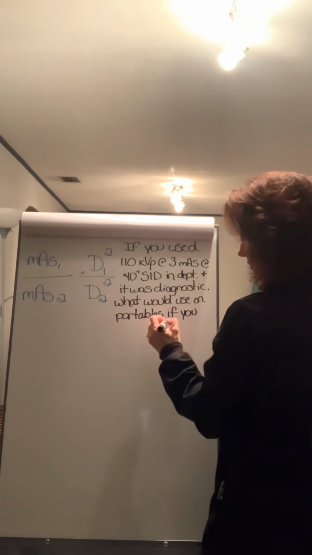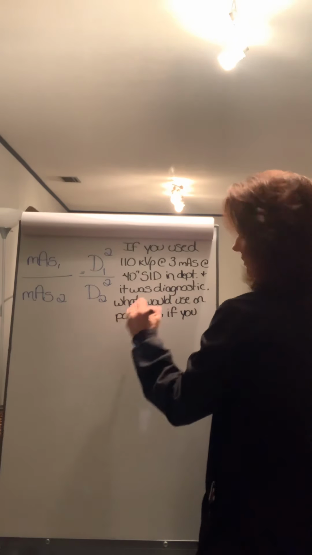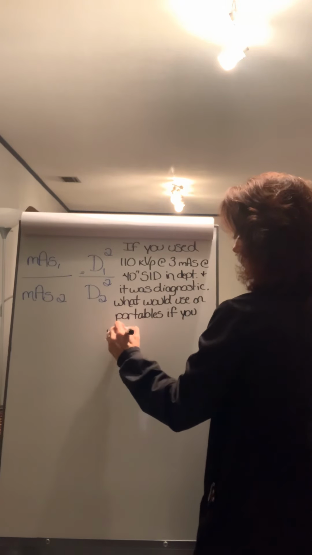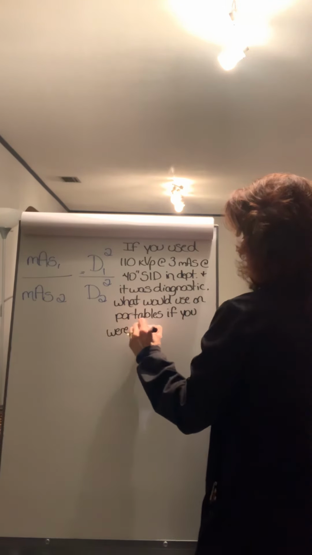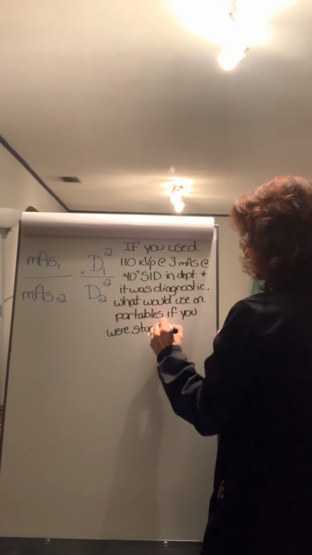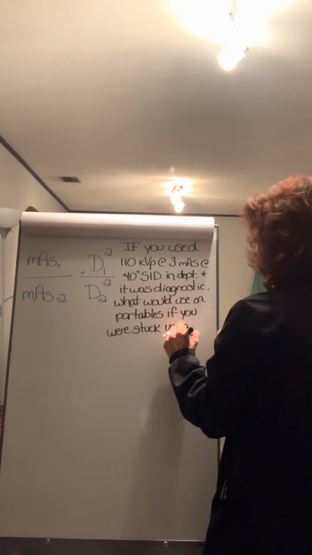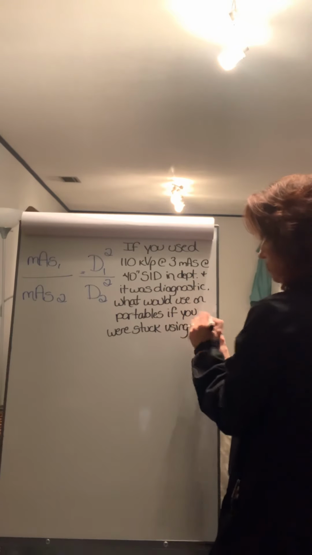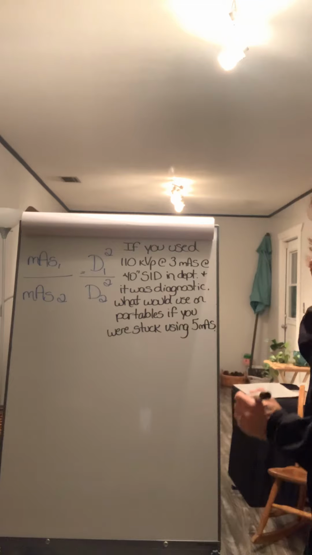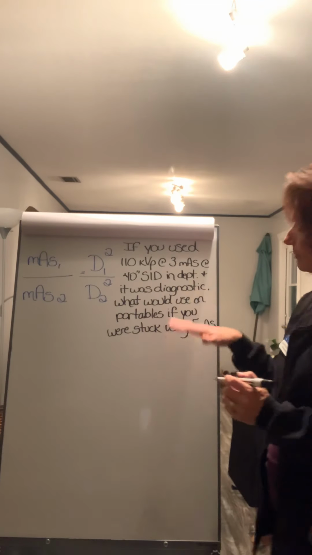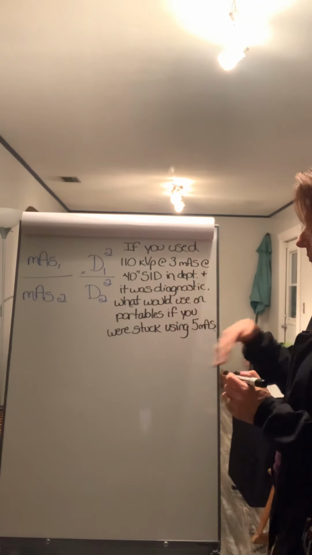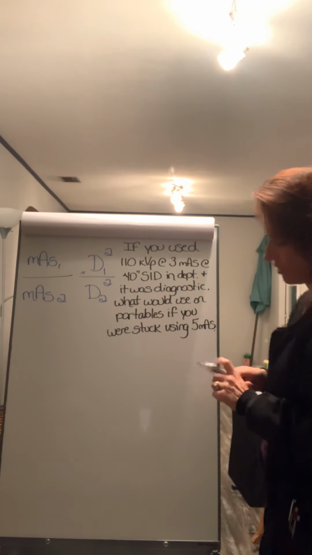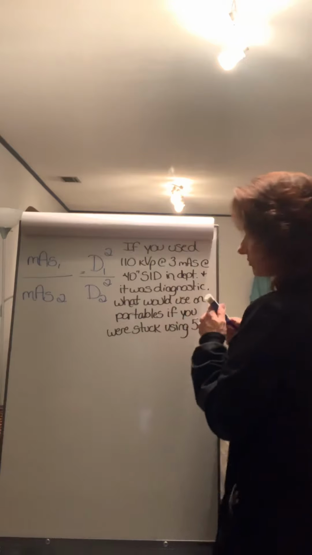if you were stuck using 5 mass? Meaning, let's say the machine was stuck on 5 mass, you couldn't get 3, what would you end up using in order to solve for that?